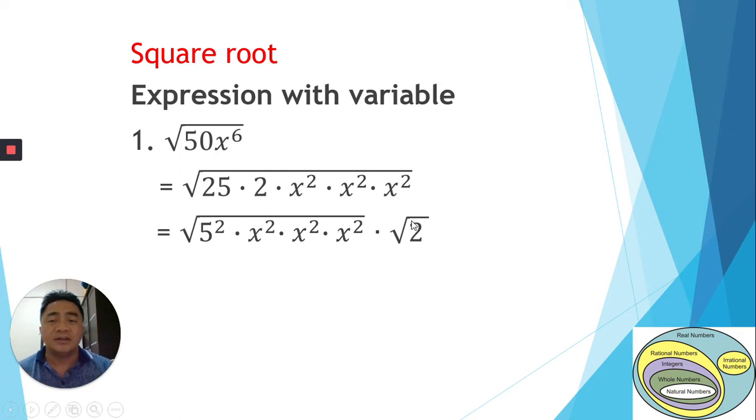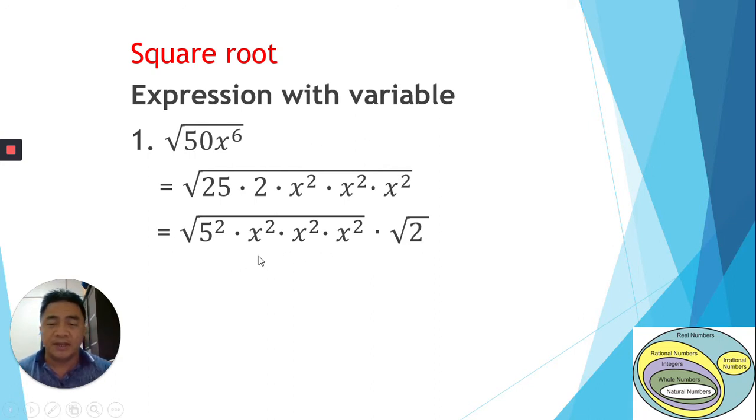Now for this, since for the product rule, we can split all the terms, or the variables or numbers or the expressions, having this power 2 or perfect square. And on the other hand, we have the term that doesn't have the power 2, or not a perfect square.